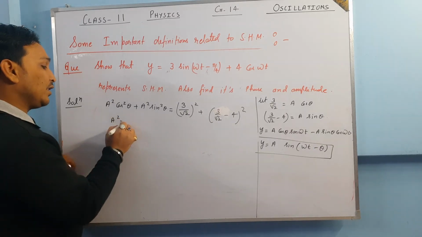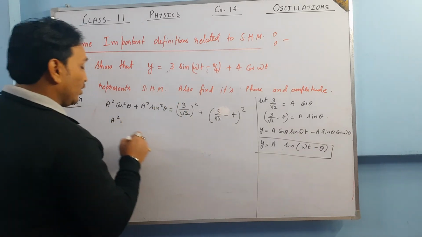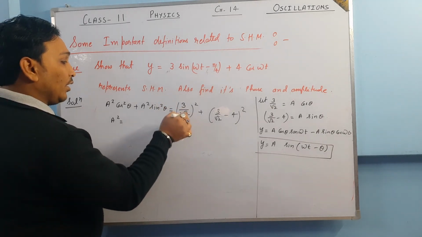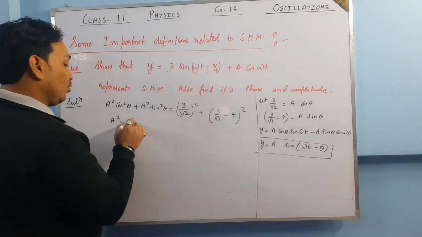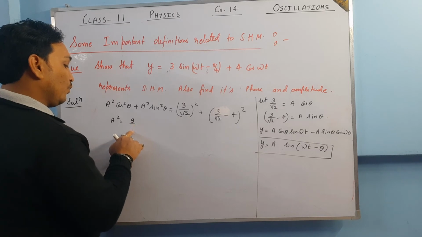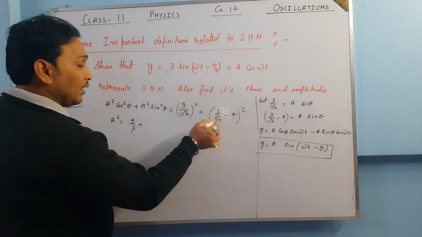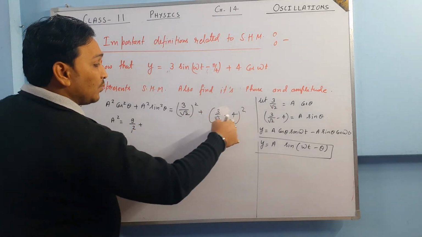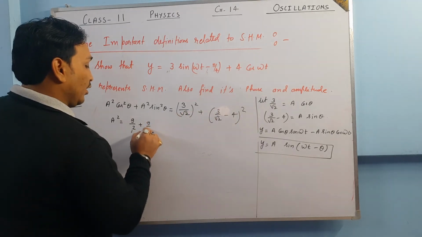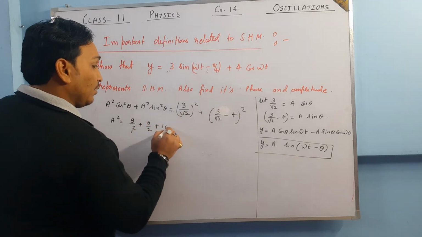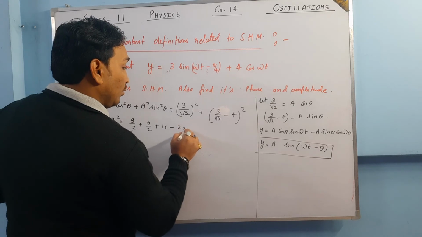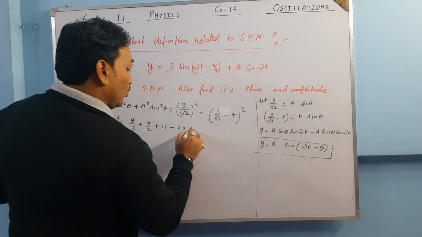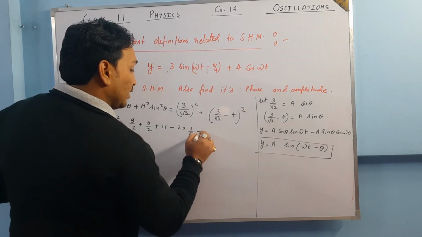So A square is equal to (3 by root 2) whole square, which is 9 upon 2, plus a square minus b, a square plus b square minus 2ab. So it is going to be 9 by 2 plus 16 minus 2 multiplied by 3 by root 2 multiplied by 4.